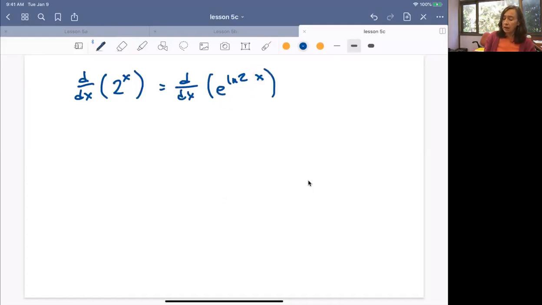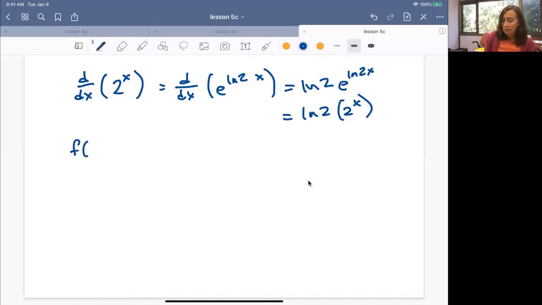And so now we're taking the derivative of e raised to x multiplied by the constant log 2. The derivative of the inside here is log 2, times the function itself. We could rewrite that as log 2 times 2 to the x power. Either way, it's fine.